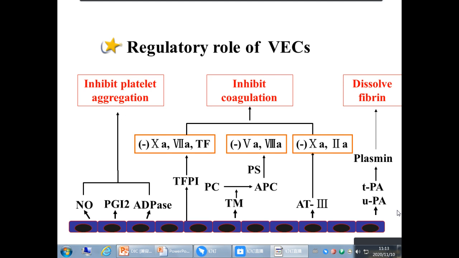The second leads to coagulation function increase, anticoagulation function decrease, and fibrinolytic function decrease. Damaged VEC release tissue factor, stimulating the intrinsic coagulation pathway. Collagen is exposed, stimulating coagulation factor 12 and the intrinsic coagulation pathway.